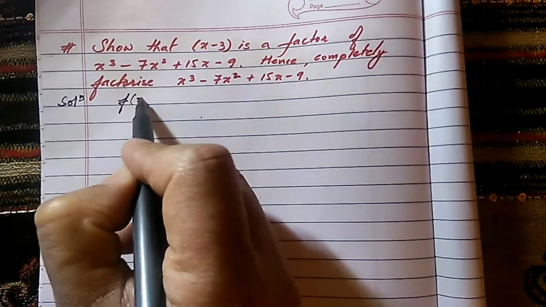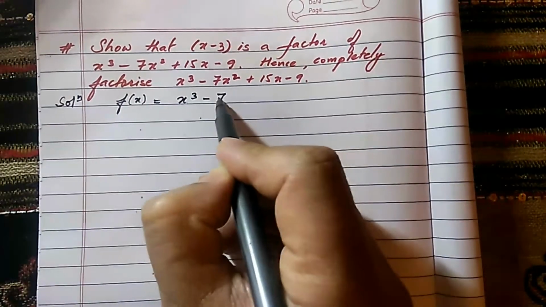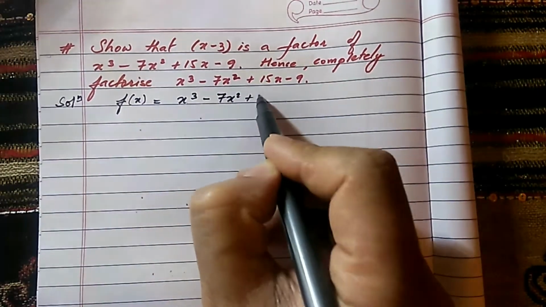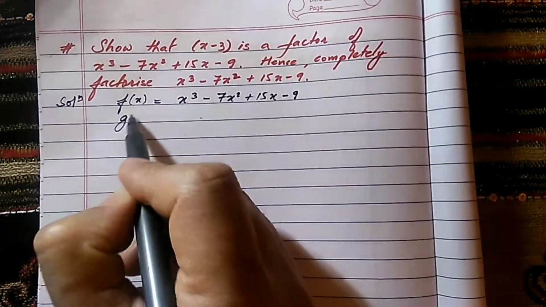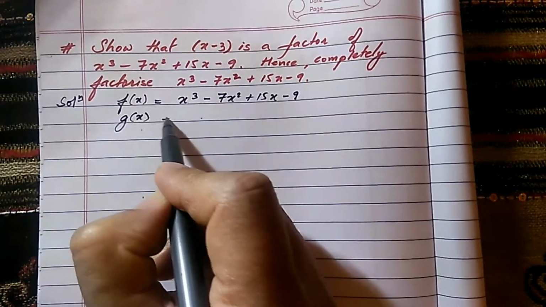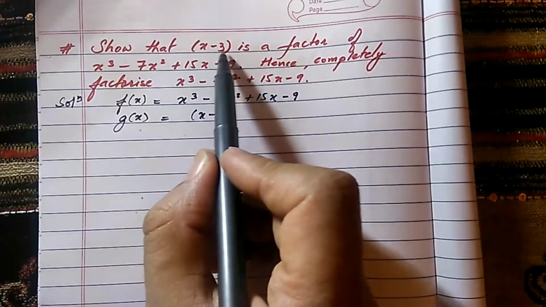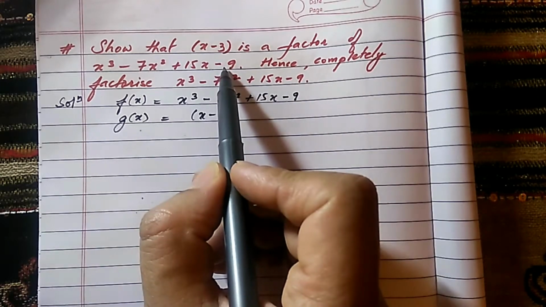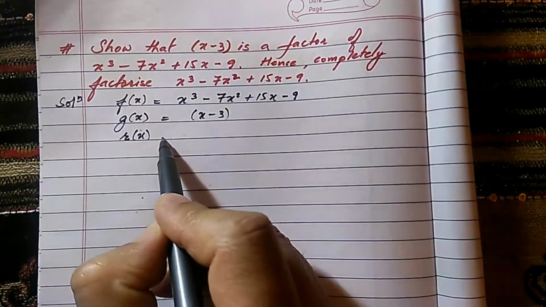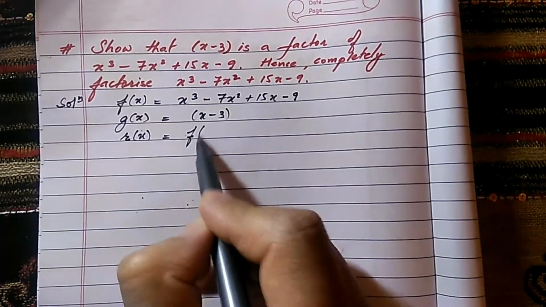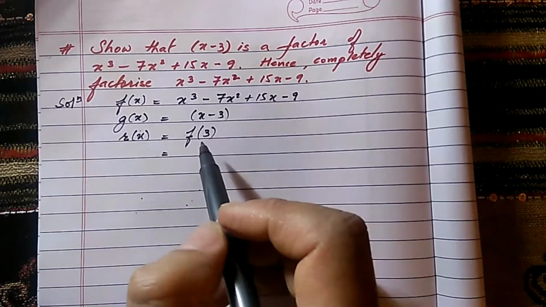First, let us write down f(x) as x cubed minus 7x squared plus 15x minus 9, and then we write g(x) as x minus 3. Now to show that x minus 3 is a factor of the given polynomial, we need to find the remainder R(x), and in this case we will find the remainder by replacing the value of x by 3 in the polynomial f(x).